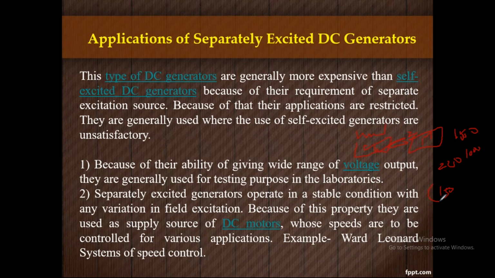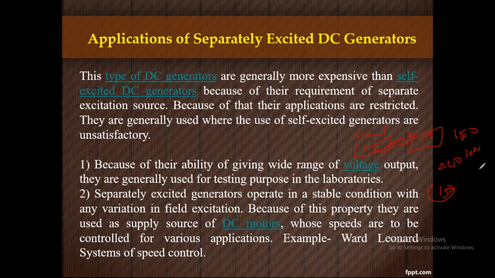Then that voltage is given as input to the motor, and we get a lower speed. That's why the separately excited DC generator is used only for testing purposes in laboratories. We are not using it in real time. The reason is it requires an external DC supply and that makes it more costly.